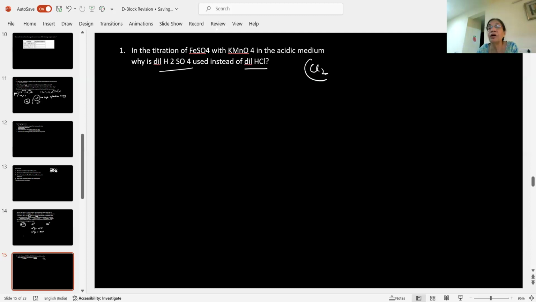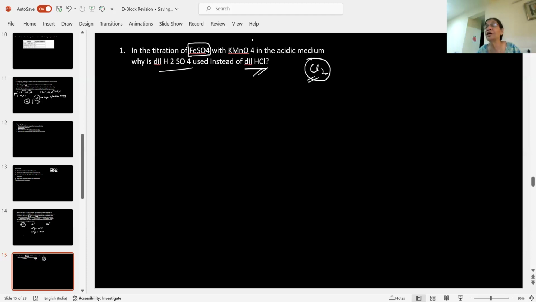So, in titration, what are you trying to find out? We are trying to find out how much FeSO4 is oxidized by how much KMnO4. So if some KMnO4 will be used to oxidize chlorine, HCl cannot be used as an acid, right?